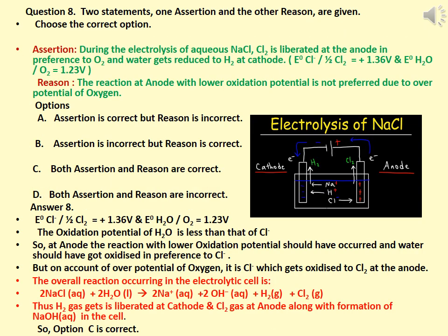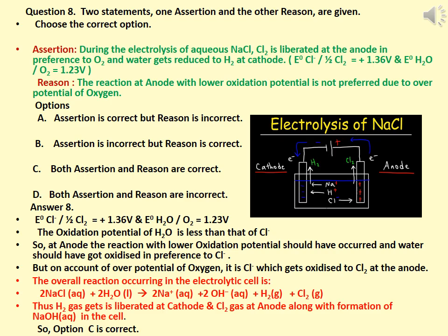Question number 8. Two statements, one assertion and the other reason are given. Choose the correct option. Assertion. During the electrolysis of aqueous NaCl, that is brine solution, chlorine is liberated at the anode in preference to oxygen and water gets reduced to hydrogen at the cathode.